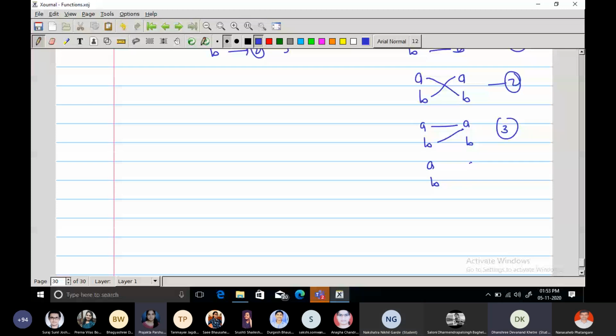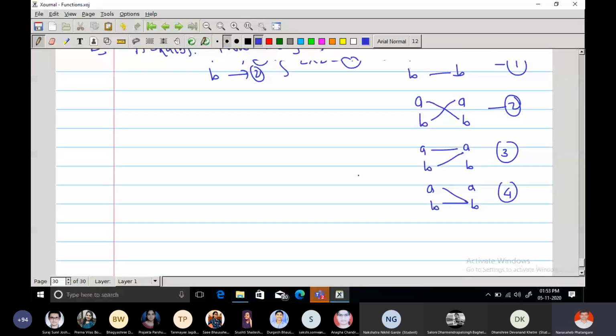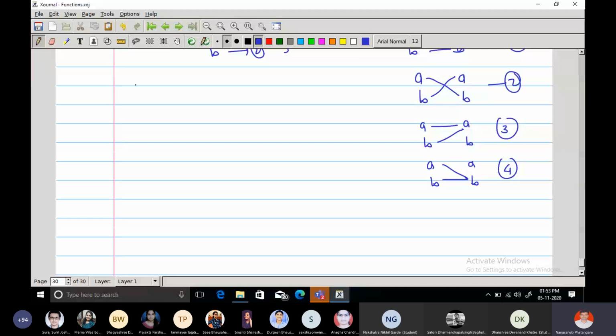All goes to B. Right, this is the fourth function and nothing else. These are functions, but how many one-one? Two. Only 2, which is factorial 2, right?